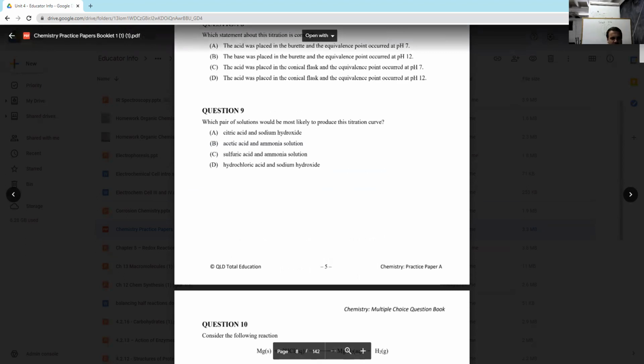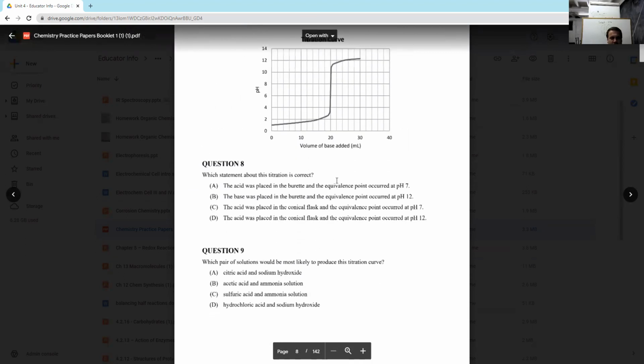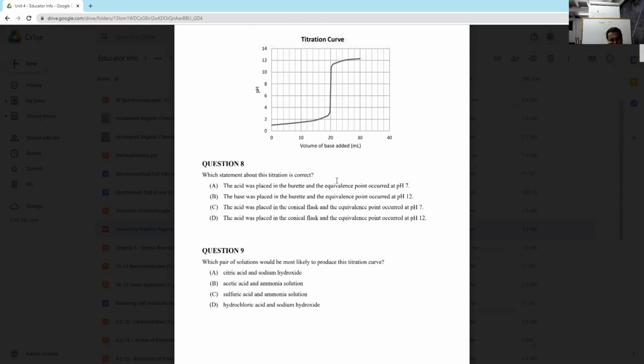So question 9, which pair of solutions would not produce that kind of titration curve? And this is where you need to think of what's a strong acid, what's a weak base, and vice versa.